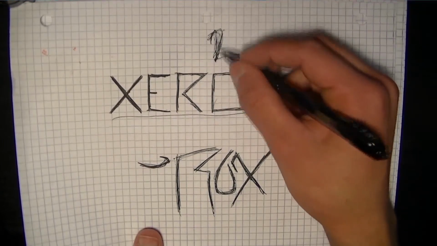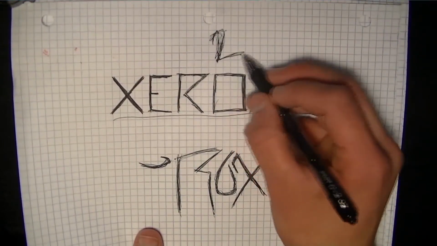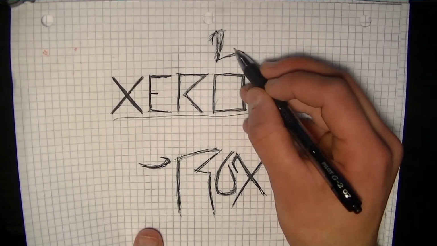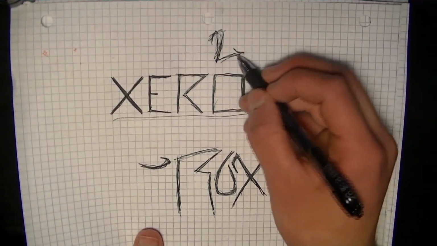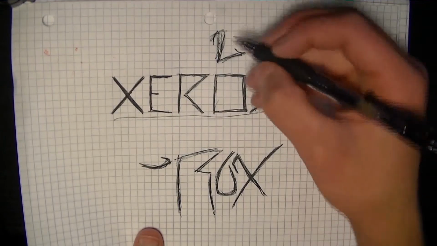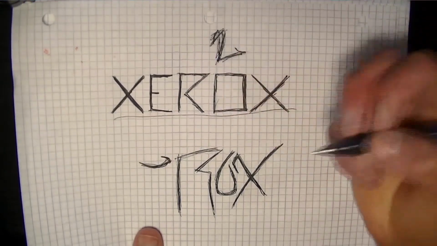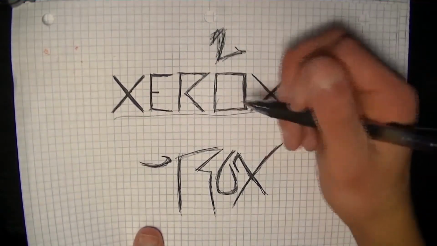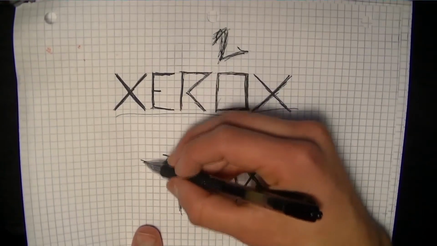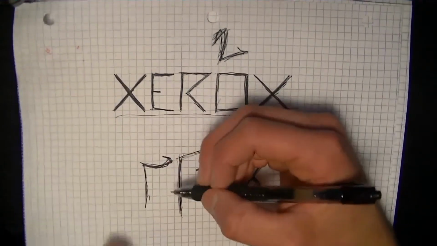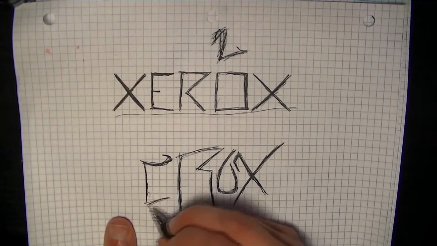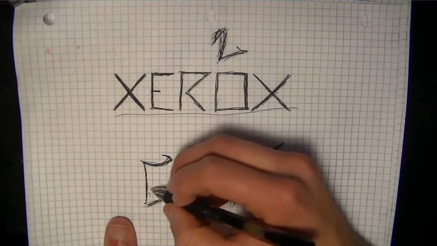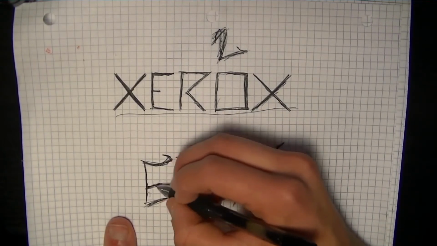So then we'll have something like that, and then maybe with this side you want to go up a little bit the other way, just to make it look a little bit more pleasing. It kind of looks like a 2, but whatever. So then our E, and we continue it like that, and we go in, and we have this.